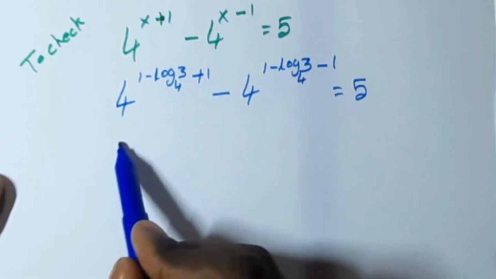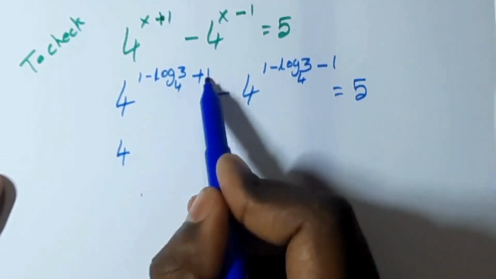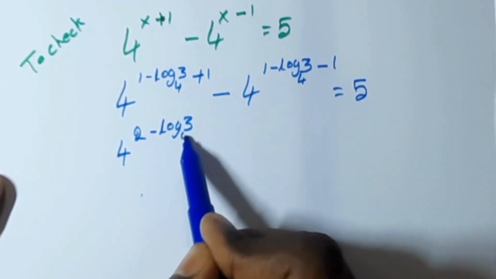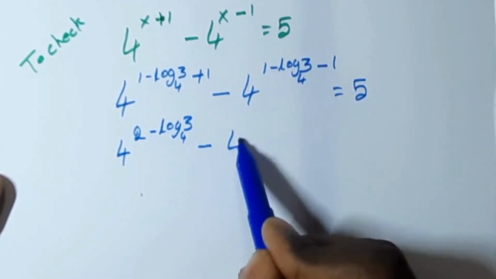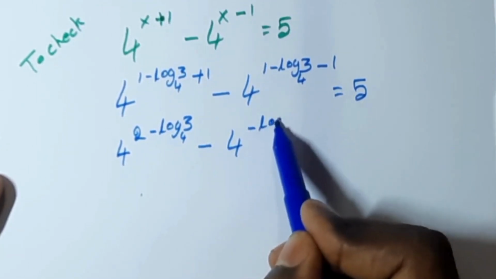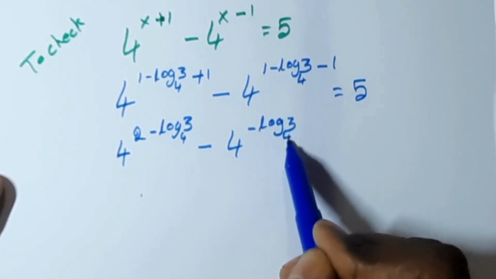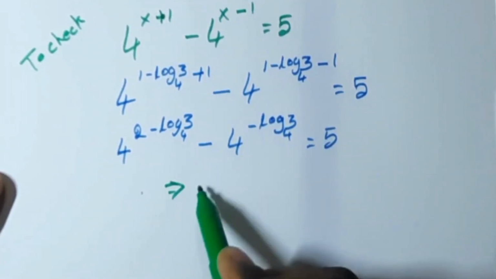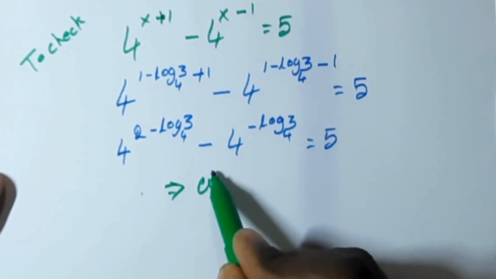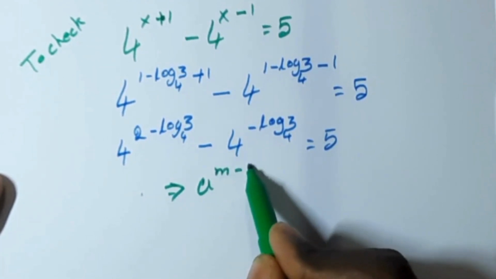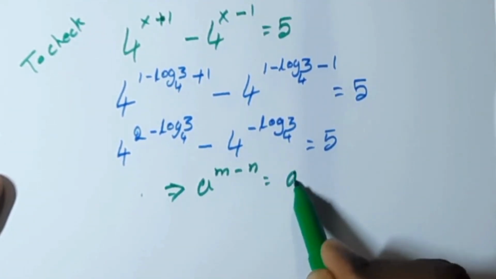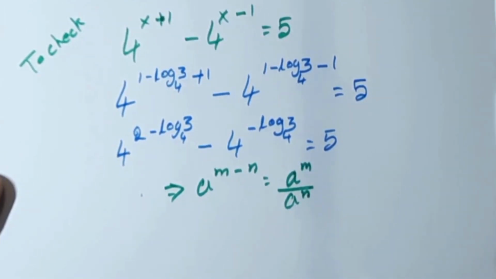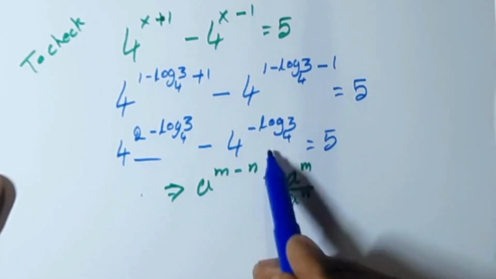So 4 power (2 minus log 3 base 4) minus 4 power (minus log 3 base 4) equal to 5. We know the formula that a power m minus n equal to a power m by a power n. We are going to apply this formula here and here.